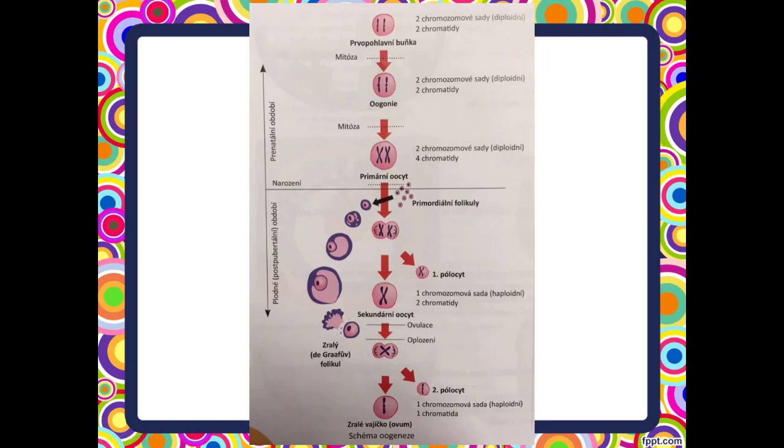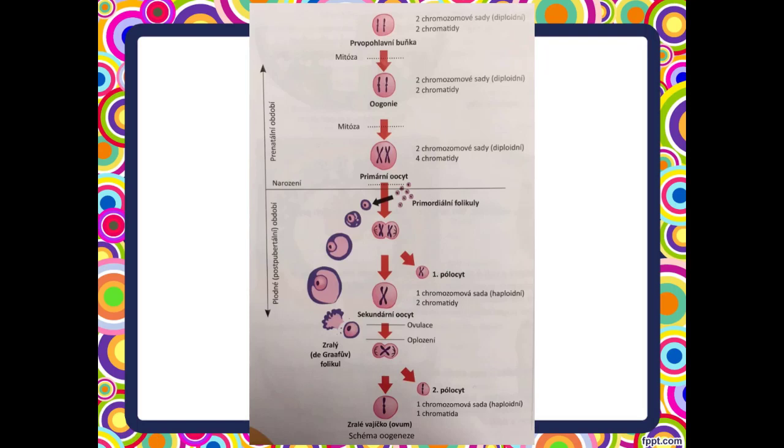Then, after the fertilization, it will complete the second meiotic division and create the mature ovum and the second pole body, which will degenerate as the first did. So, this is the diagram of the oogenesis.